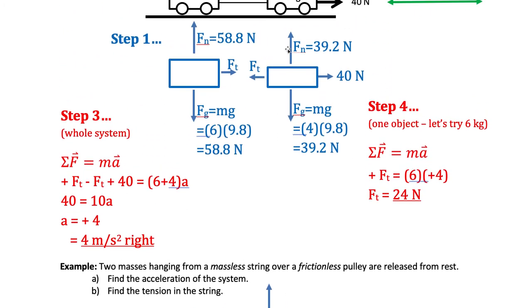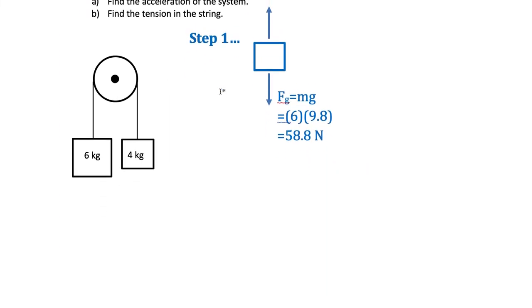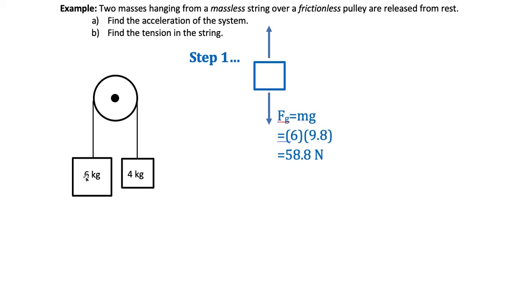Remember, up here we said these forces were equal because it would be silly for this cart to burrow down into the ground or shoot up into the air. Over here, however, it's quite reasonable for this object to accelerate down or up. In fact, looking at this, you can probably guess right away that this guy's going to accelerate down. So these two are not going to be equal in magnitude. I'll label that one, but I don't know what the magnitude is yet.